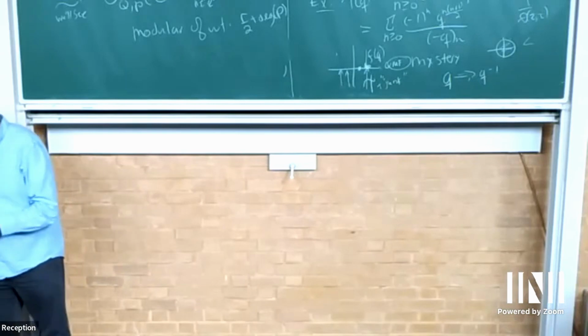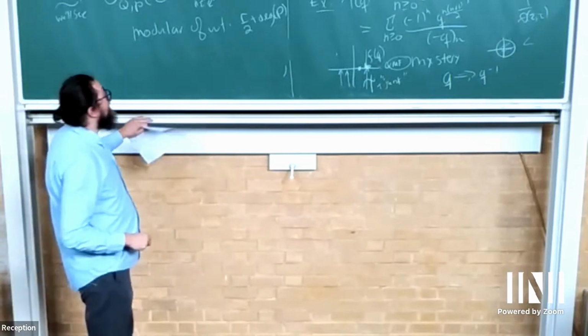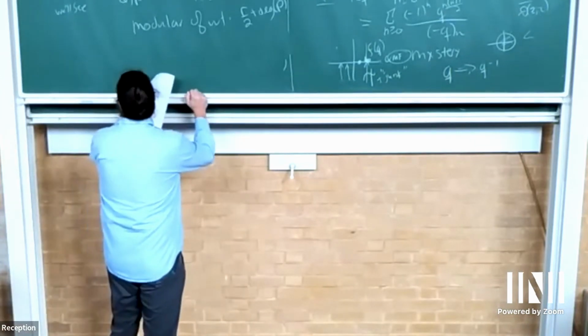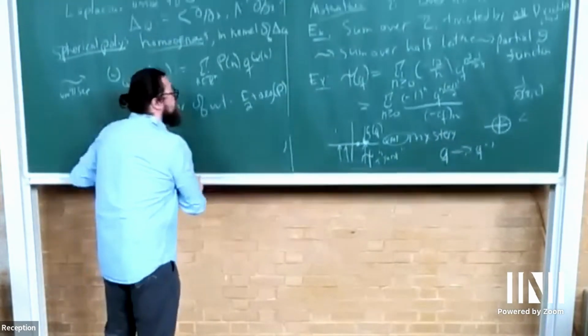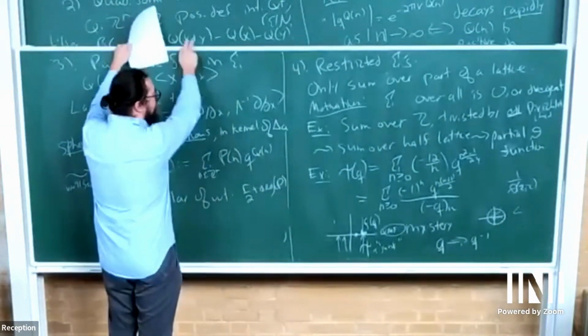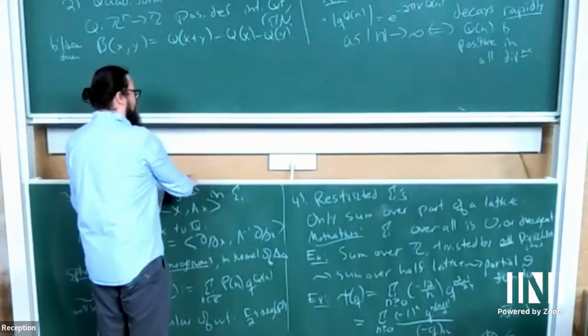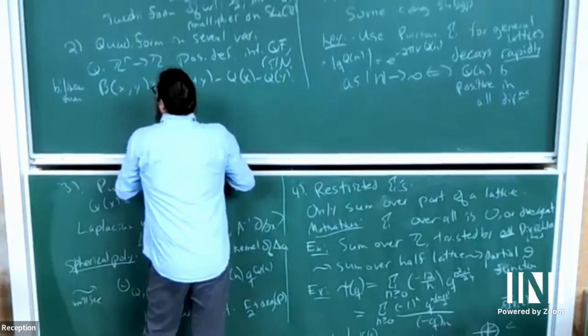Okay. Good. So now I want to talk about indefinite theta functions, which is really a subpart of part 4, but I made it part 5 because it's the main point of today.